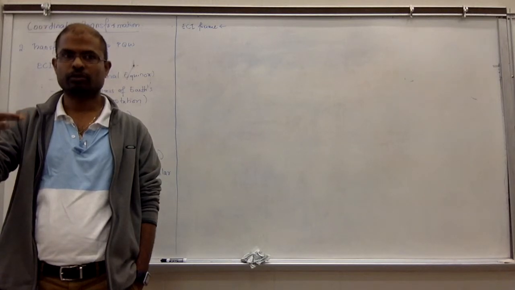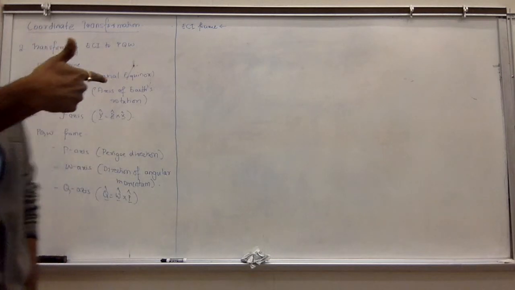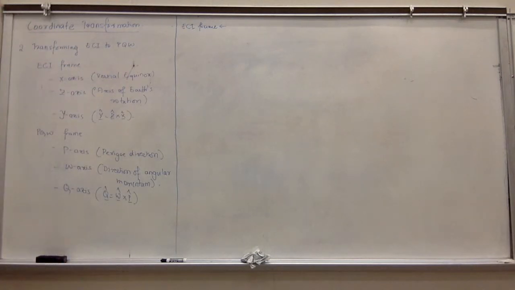You have the PQW. This is ECI, okay? You see this ECI? On that, this is x-axis, y-axis, z-axis. Where is PQW? PQW is the 90 degrees rotating: x-axis, y-axis, z-axis.